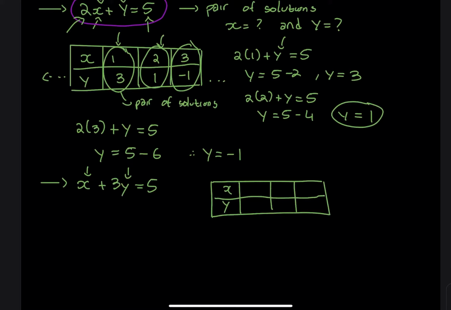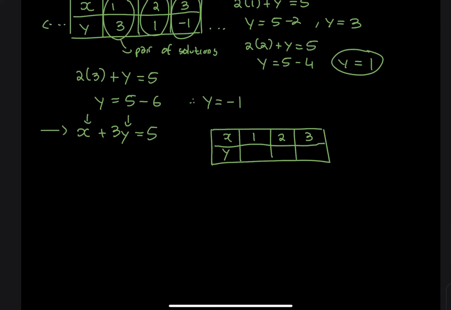Let's use the same as what we did before. We'll plug in 1, 2, and 3. These are just random values I'm selecting. If I plug in 1 for x, I'll get 1 plus 3y is equal to 5.